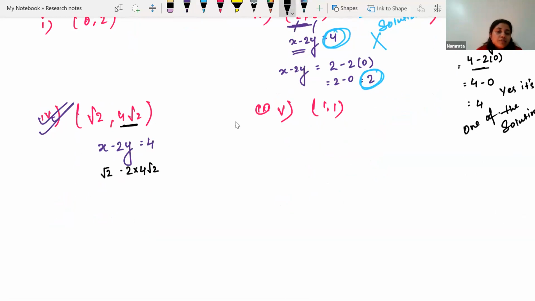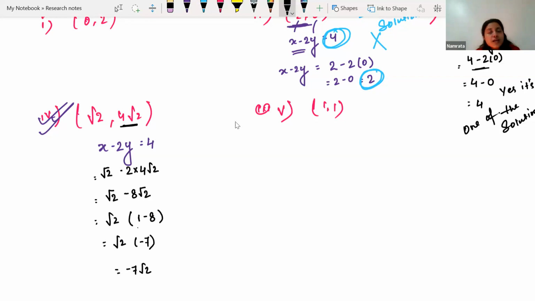If we do the calculation, we get root 2 minus 8 root 2. Simplifying it, root 2 is just like an x, so you can take root 2 common and we have 1 minus 8. 1 minus 8 is minus 7, so it becomes minus 7 root 2.